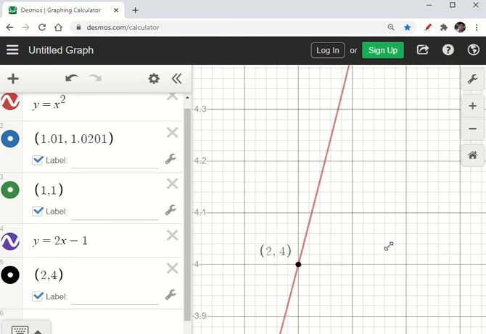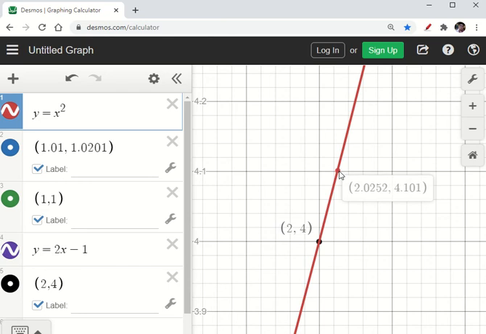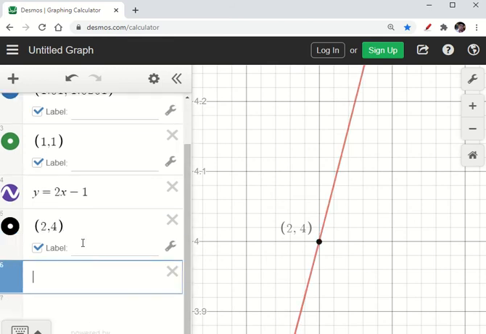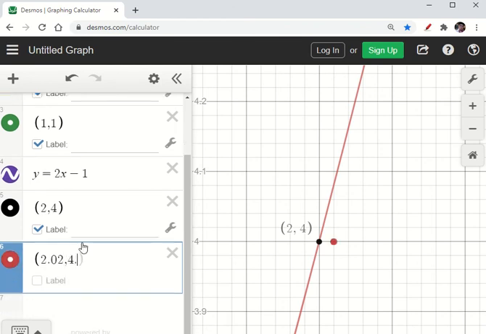When we zoom in again, we can see that the curve becomes near to a straight line. Let's take another point here, 2.02 and 4.08. So we have another point, 2.02 and 4.08.